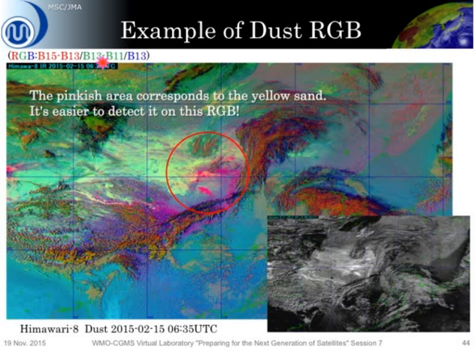And blue is band 13. The pinkish area we find here corresponds to the yellow sand. This is the brightness temperature image shown before, but it's easier to detect the yellow sand area on this RGB.